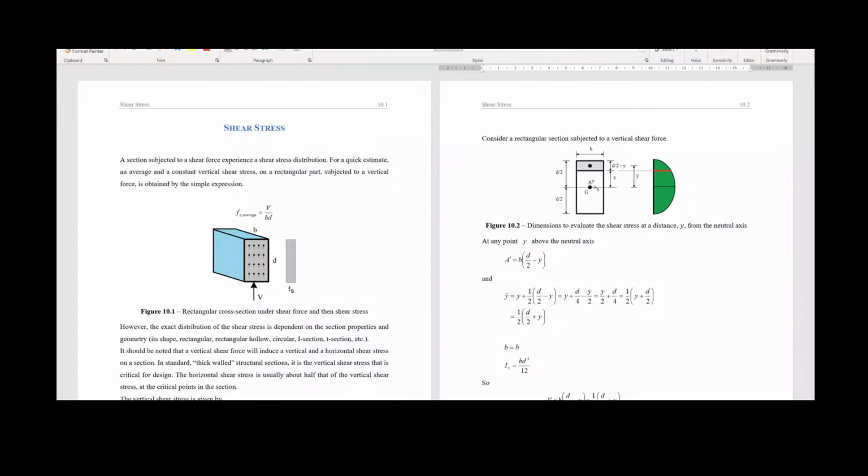there is a very simple way of describing the shear stress, which is called the average shear stress. But this is not accurate because it basically has the same form as an axial stress.